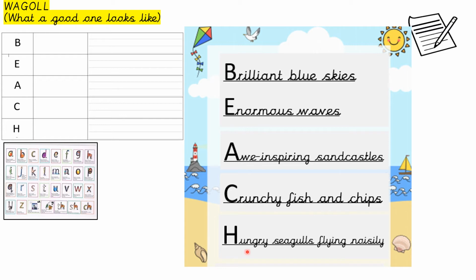I have actually added in an adjective and an adverb. So have a listen. Hungry seagulls flying noisily. So hungry is my adjective because it's describing the seagulls, and noisily is my adverb because it's describing how they're flying. Hopefully you managed to include some adverbs and adjectives in your poem too.